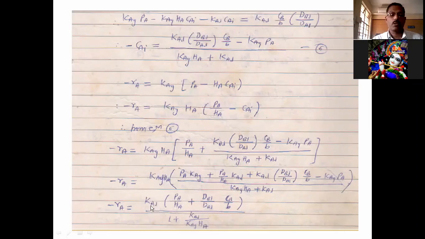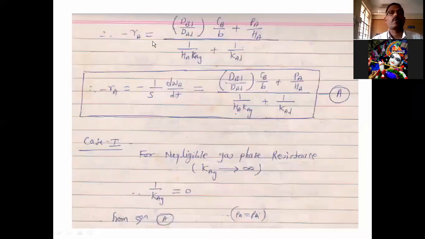Again rearrange this equation. Divide by Kal, numerator and denominator. So we obtain minus Ra is equal to dBl upon dL into Cb upon B plus Pa upon Ha, upon 1 upon Ha into Kg plus 1 upon Kal.